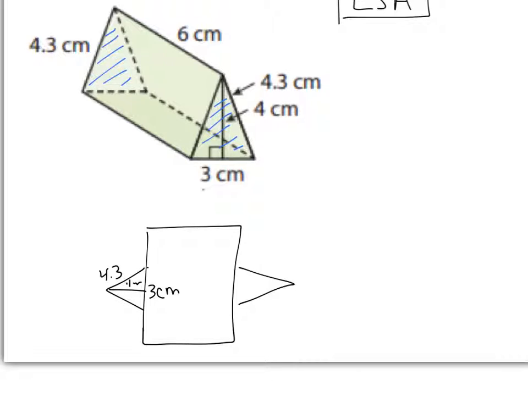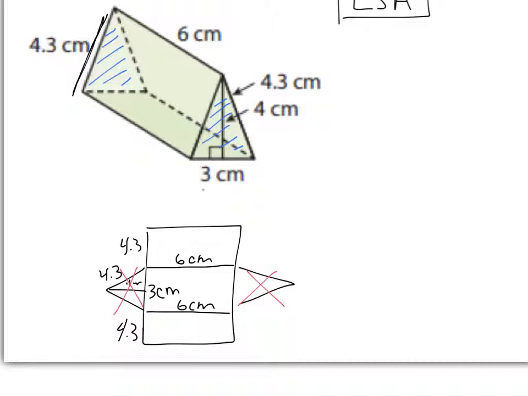So that means this triangle right here is going to be 4.3, and then the height that connects point to point is 6 centimeters, so that's going to be the same the whole way through, so 6 centimeters. And this last one is also 4.3 because this edge was 4.3 right here. I don't really care about these triangles at all, so I'm going to cross them out. I only want the rectangles right here.